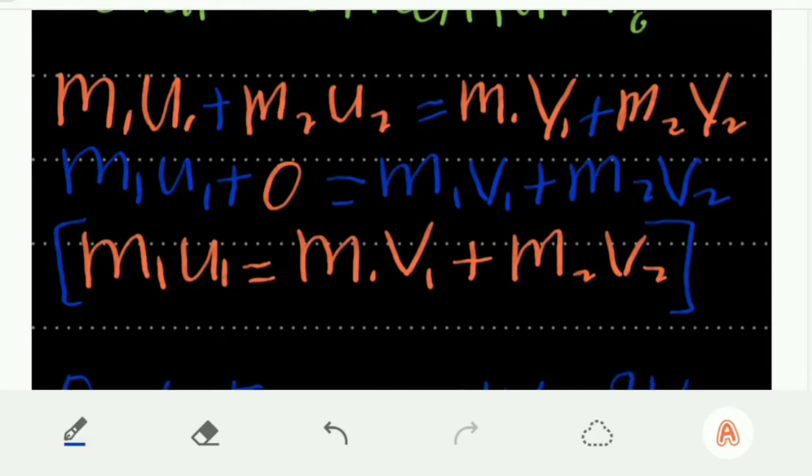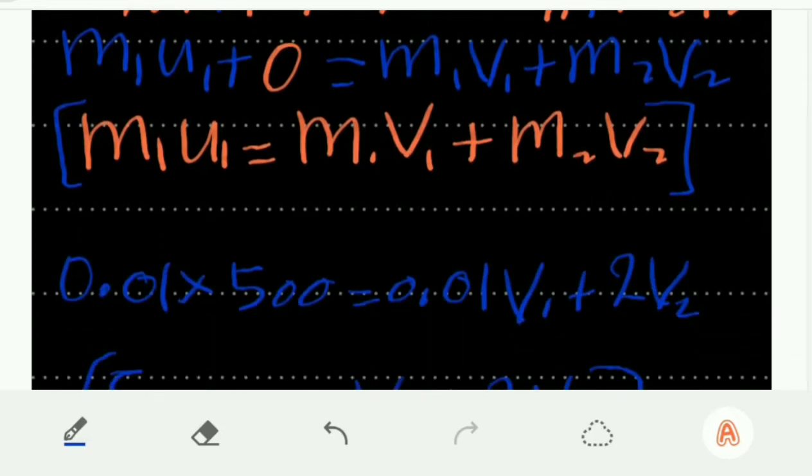After having gotten that, we can substitute with the values that were given in the question. The mass of the bullet, m1, is given as 10 grams, which is 0.01 kg, and the initial speed of the bullet is 500 meters per second.